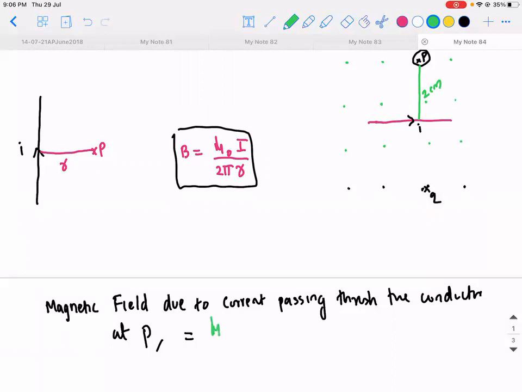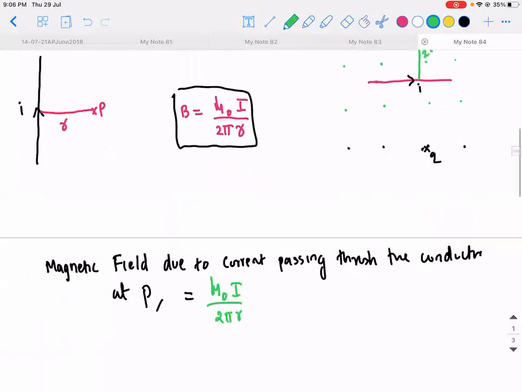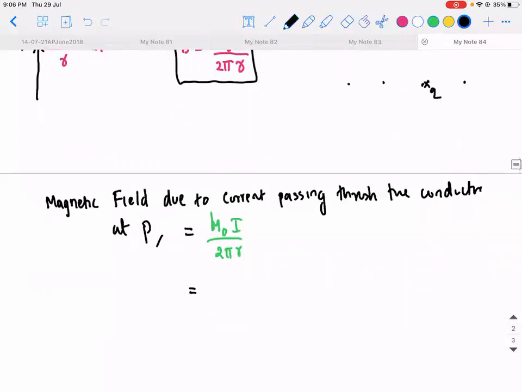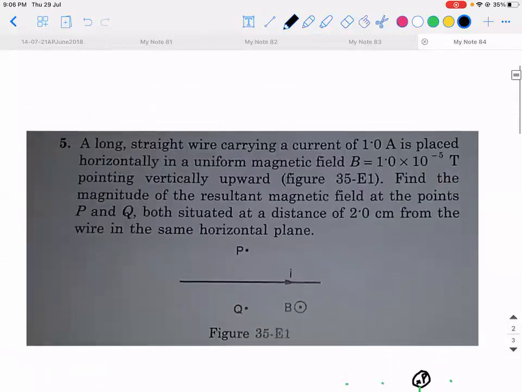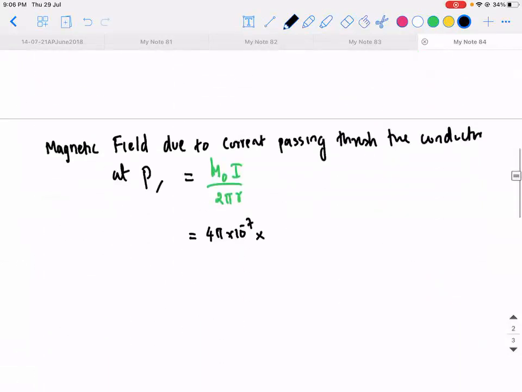First I'll write the equation mu 0 I divided by 2 pi R. We know the value of mu 0 is 4 pi into 10 to the power of minus 7, into the current, which is given as 1 ampere, divided by 2 pi into the distance, which is 2 centimeters, that is 2 into 10 to the power of minus 2 meter.